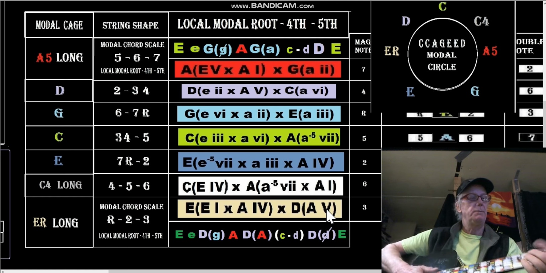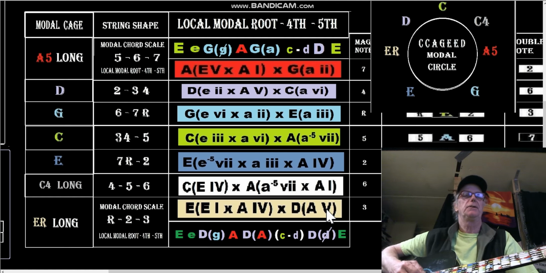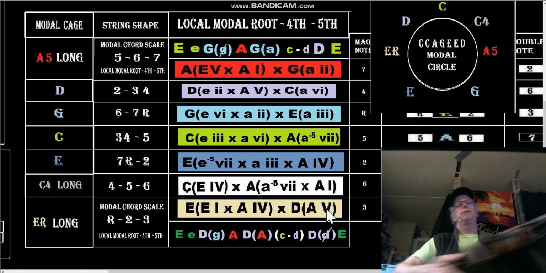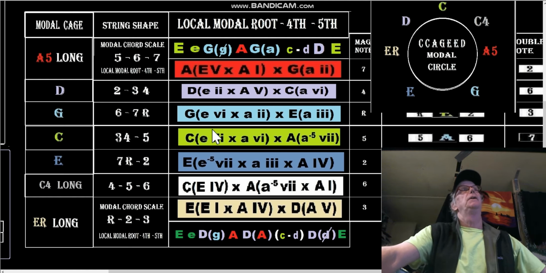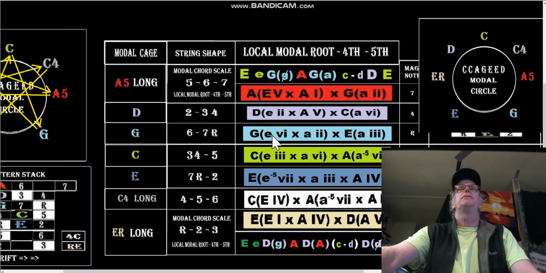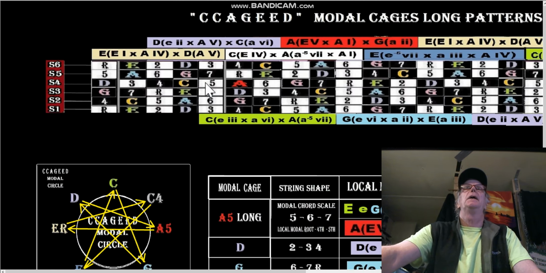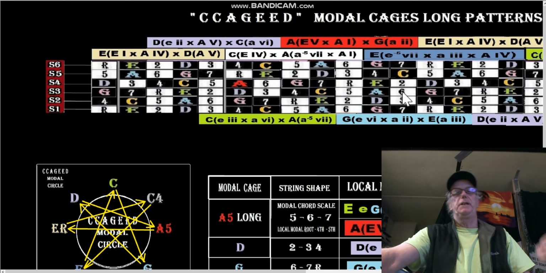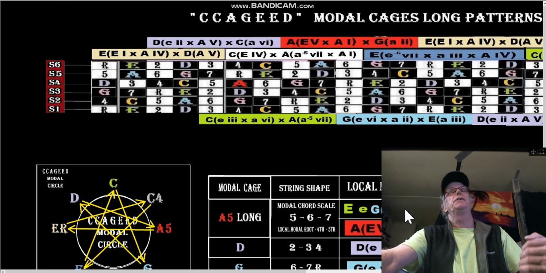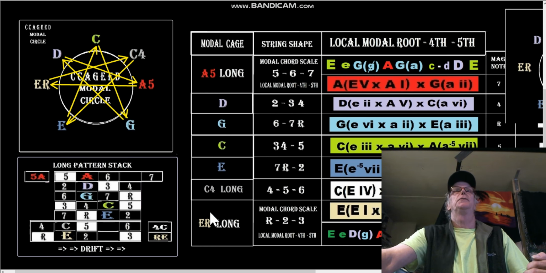Why? Because we can't get this particular one without doing a half shape there because of the fret nut. Now fear not, it's not all because of the fret nut, it's just that's how I stumbled onto it, and that got me into the modal 7-cage system. So just by playing away from the fret nut with drift, that goes to, talk about drift.